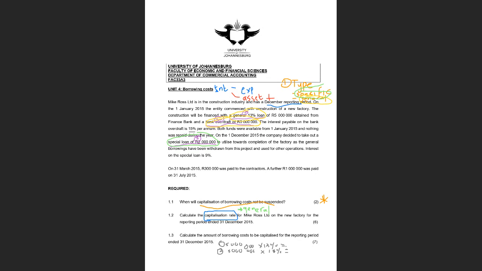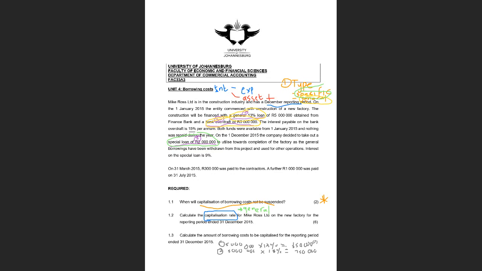So the first one will be 650,000, and the second one will be 750,000. So that's our first step to calculate the interest.